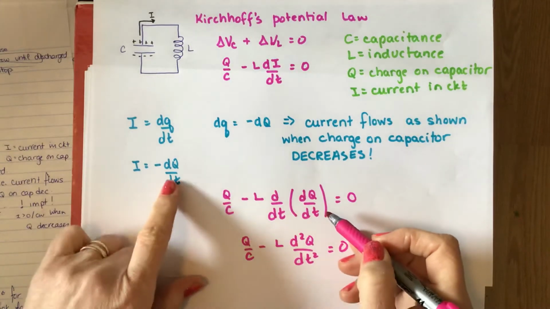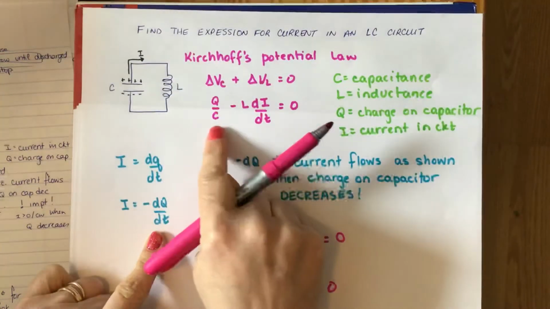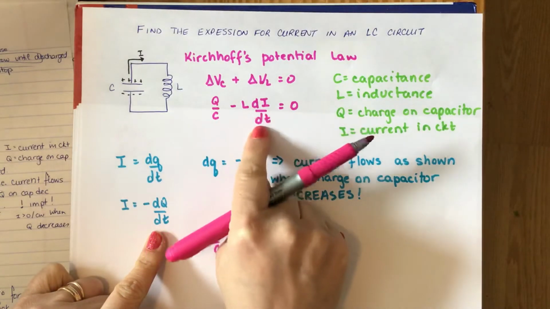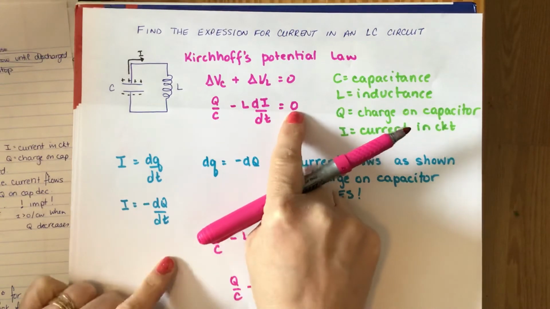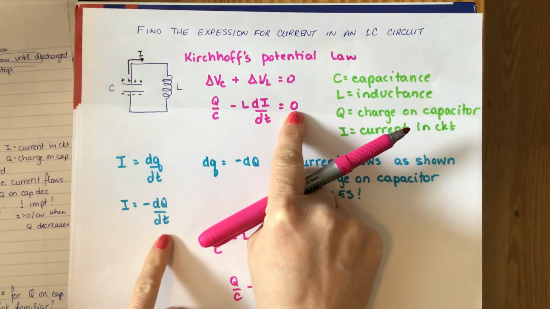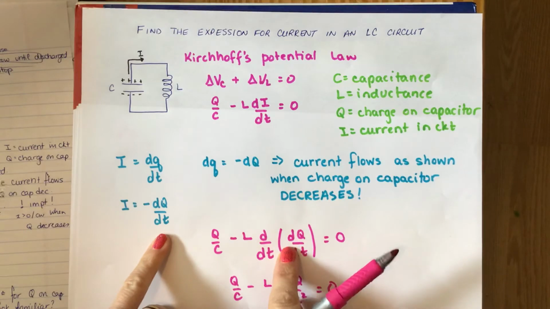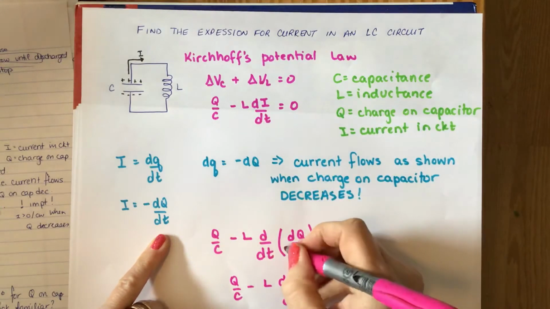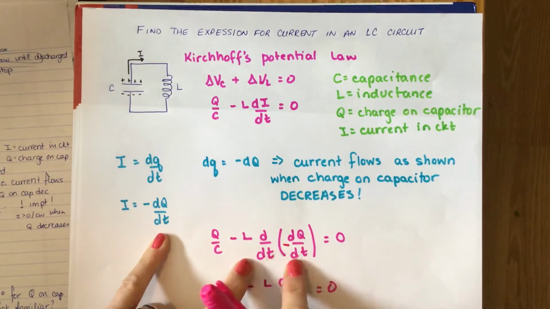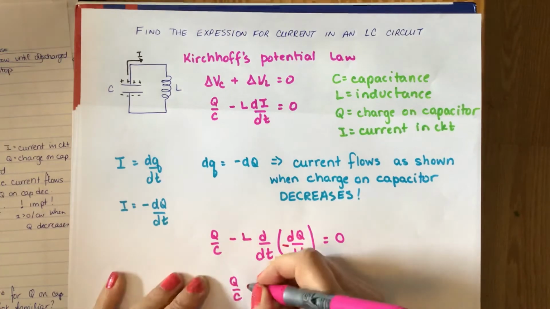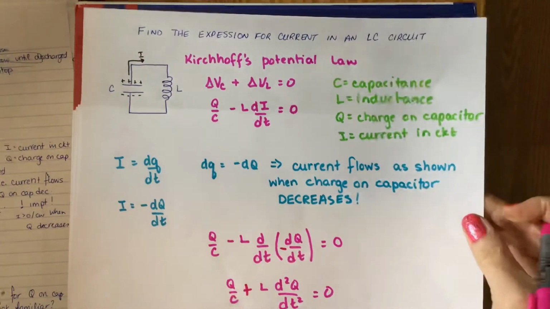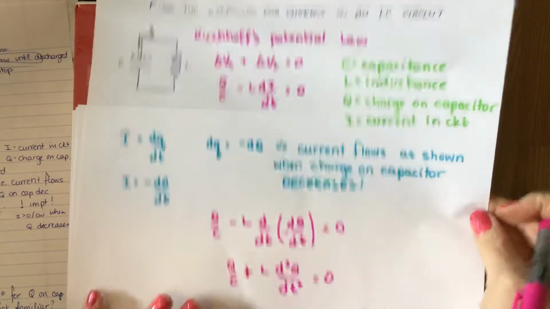Okay, back up if you were following me. In our equation, Q over C minus L di dt equals 0. So we were good to here. I is minus dQ dt. When I filled that in for I, I dropped my minus sign. Okay, so now this one is right. Minus times minus gives us a plus. And now we can arrange this for the second derivative of charge.